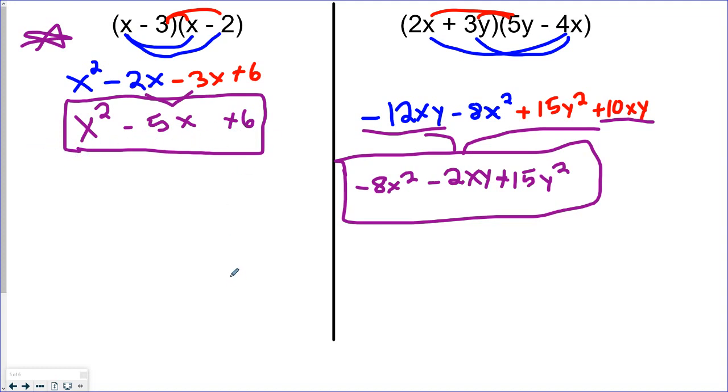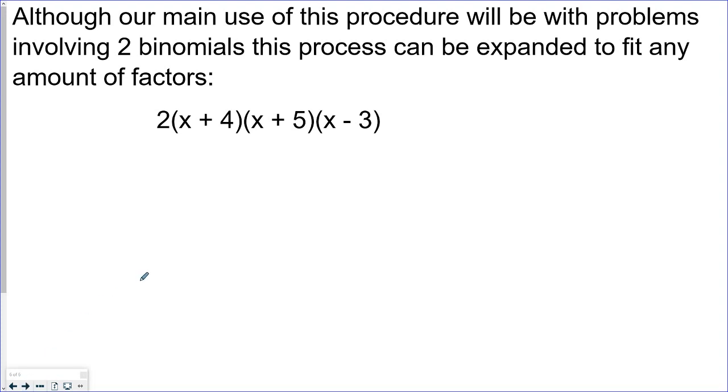Now, the reason I like double distribution better than FOIL is because there is a second level to this as well. So let's look at this one here. We've been working with 2 binomials together, but this process of double distribution, this idea of taking everything in the first set and multiplying it to everything in the second set, can be applied to however many factors you have.